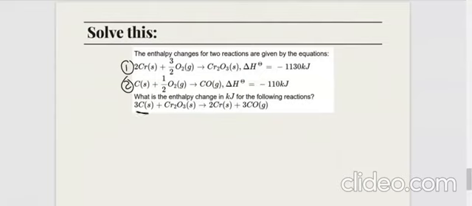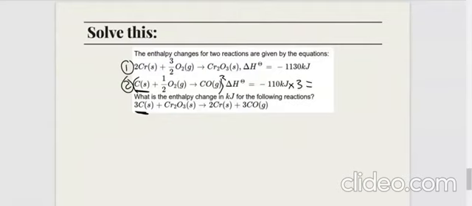So let's focus here first. We have 3 moles of C, and if we search in these 2 equations for C, you'll find that we only have this C, but we have only 1 mole of C here, and they want us to have 3 moles. So what are we supposed to do? We must multiply this equation by 3, and don't forget to multiply the delta H of that equation by 3 too.